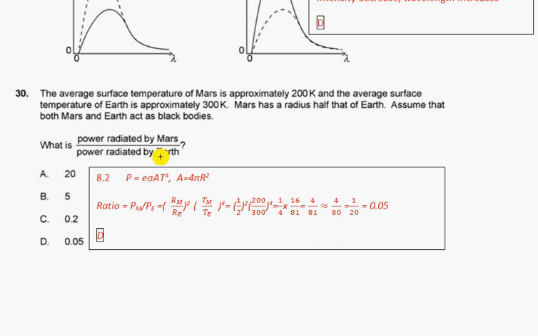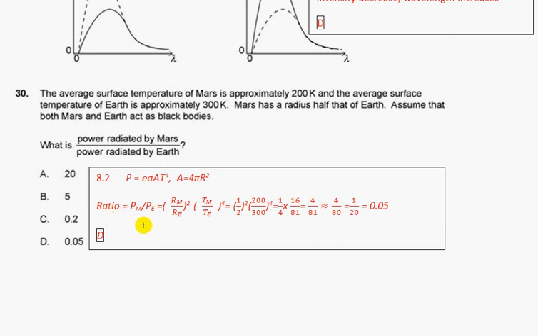Question 30. The average surface temperature of Mars is approximately so much, Earth so much. Radius of Mars is half that of radius of Earth. Assume that both act as black body. Find the ratio of power by power. Again, section 2.8, but here we take into account the surface area, which is 4 pi r squared. So we find ratios that they want.